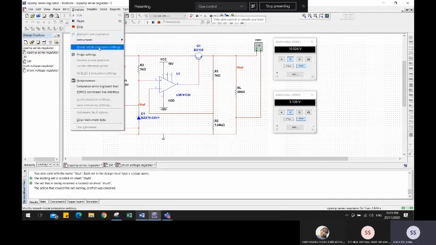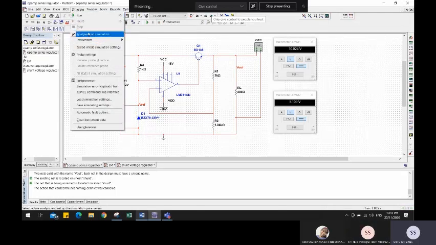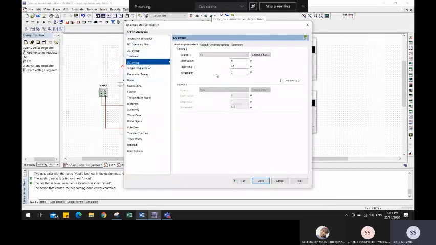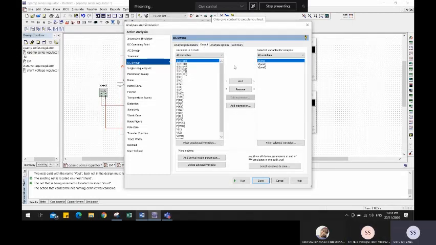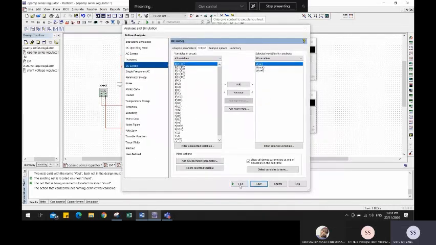So we go to Simulate, Analysis, Simulations, and switch to DC Sweep. We use a start value of 0, stop value of 40, and increment of 1. For output, we add the variables V in, V out, and V reference. Then we run.